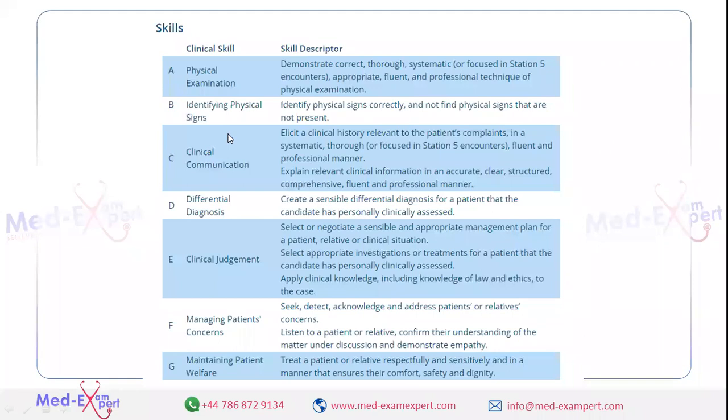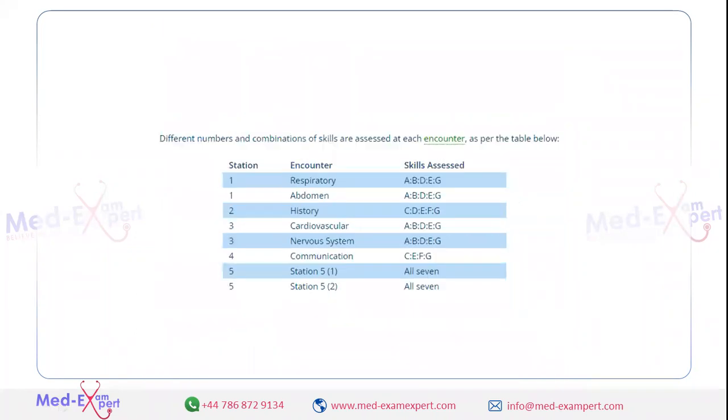You need to pass the exam as a whole. You need to get about 130 and above out of 172, and you should also pass in individual skills. That's a challenge, but these skills can be gained with appropriate mentorship. Each skill will be marked in each system.